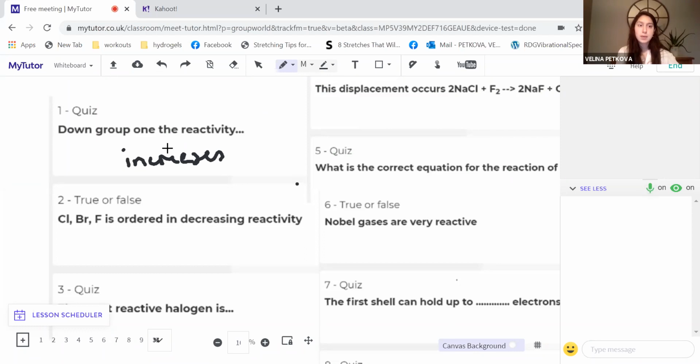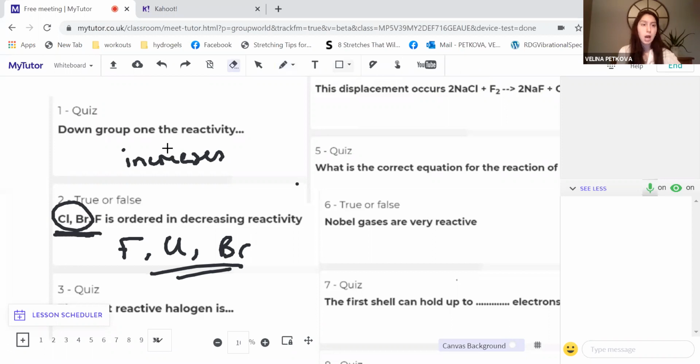So C, Br, F is ordered in decreasing reactivity. So these two are correct. However, fluorine is the most reactive halogen, okay? So it should be F, Cl, Br, so that would be the correct order. So the fluorine was like a little trick question.